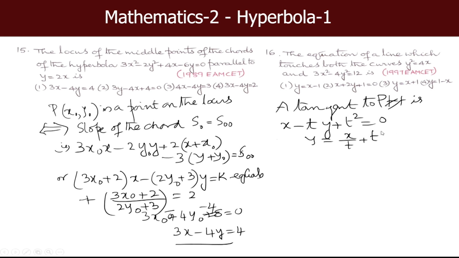ఇది y equal to mx plus c ఫార్ములా ఉంది. You know the condition for the line y equal to mx plus c to be tangent to the hyperbola x square by a square minus y square by b square equal to 1: c square equal to a square m square minus b square.